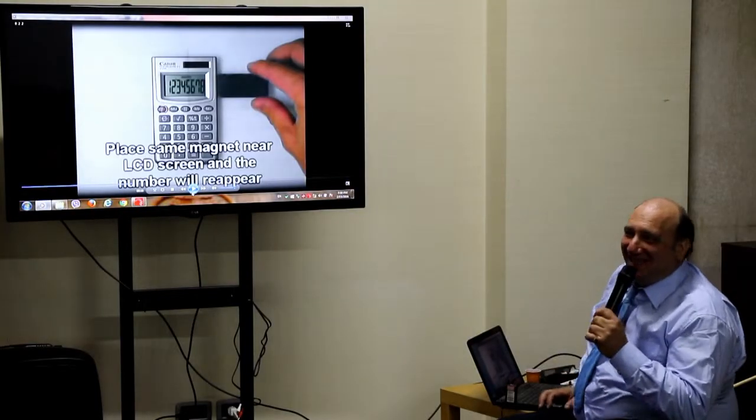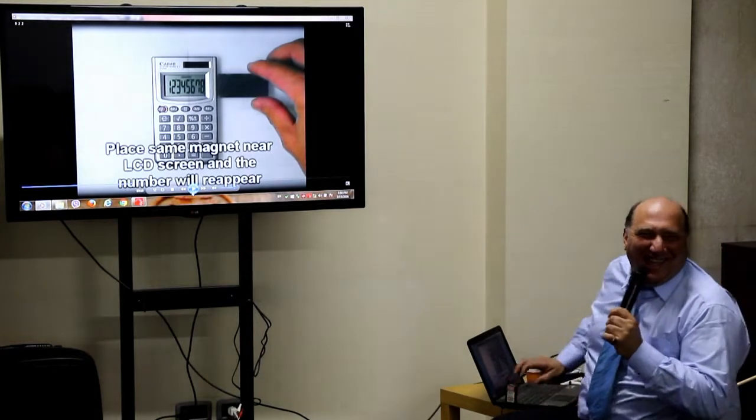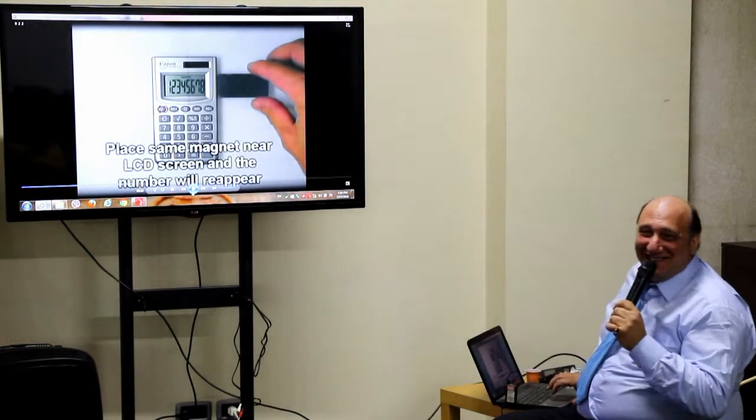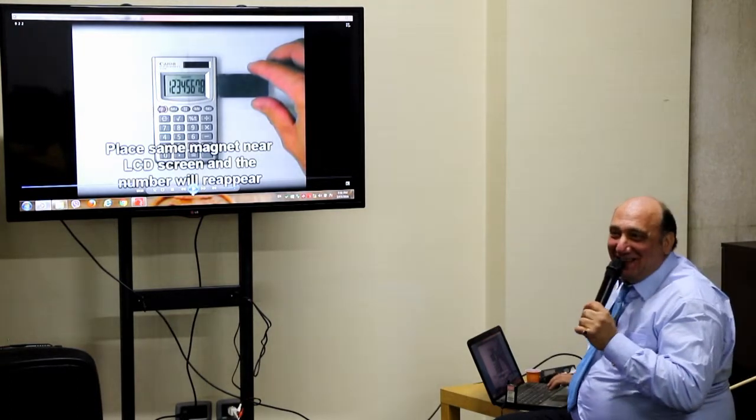By magnet. The computer stores all the information by magnet.